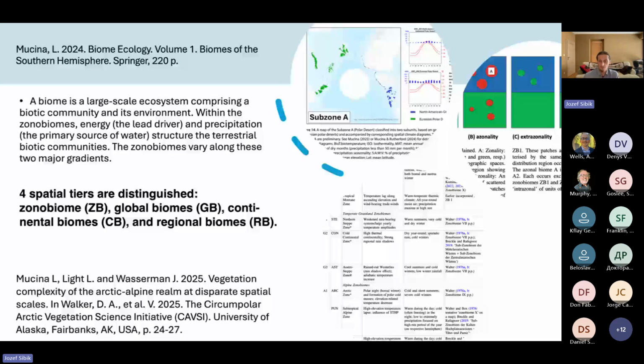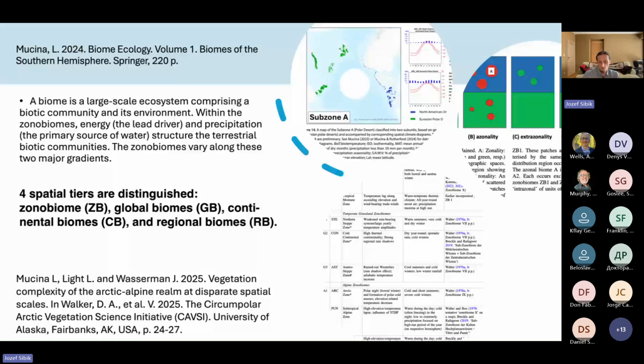So another level of classification, developed by Laco Mucina. These also take into account zonality, extrazonality, or intrazonality. It is also an important factor. And Javier Loidi was talking about a similar system, but different, just a few weeks ago.